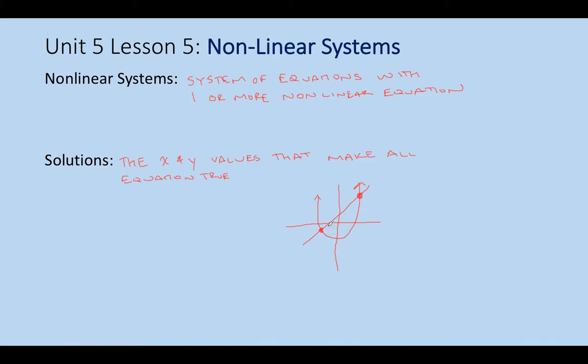It's possible to have one solution, like right here, where they intersect once. There could even be 0, where this line never intersects that parabola. But there are often more than one solution.